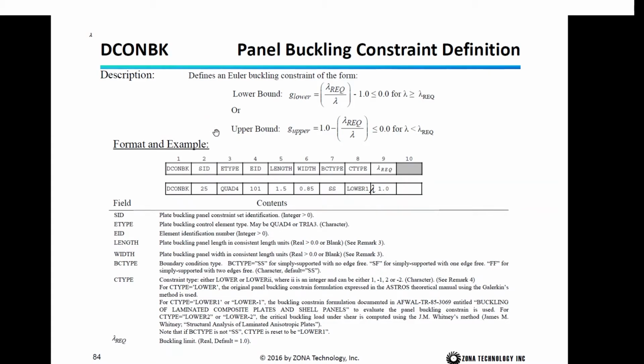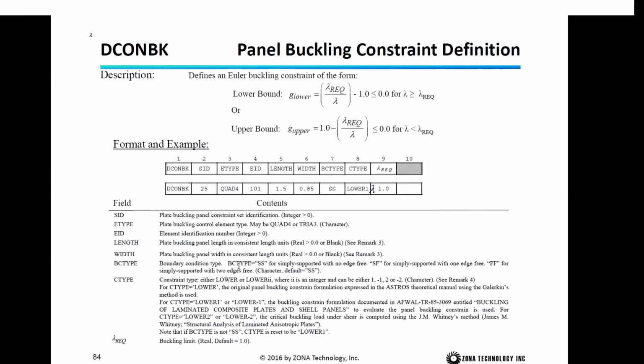DCONBK is used to impose the panel buckling constraint, and you give an ID, then you select the type of plate element, either QUAD4 or TRIA3, the element ID, the length of the panel, and the width of the panel.